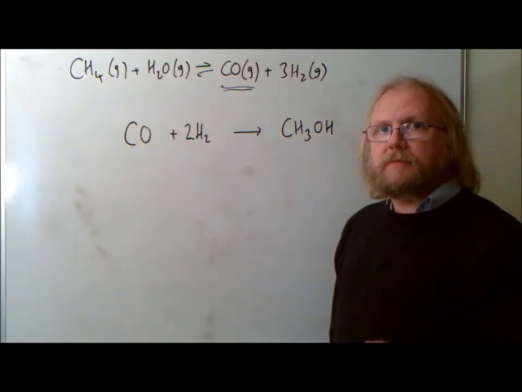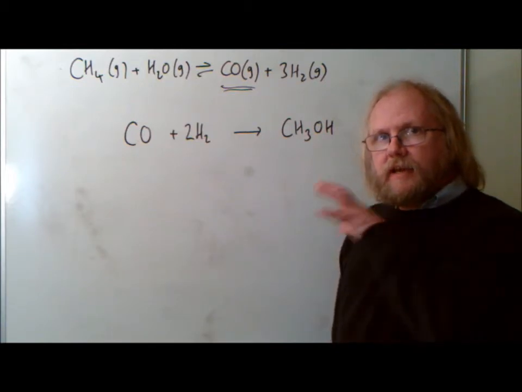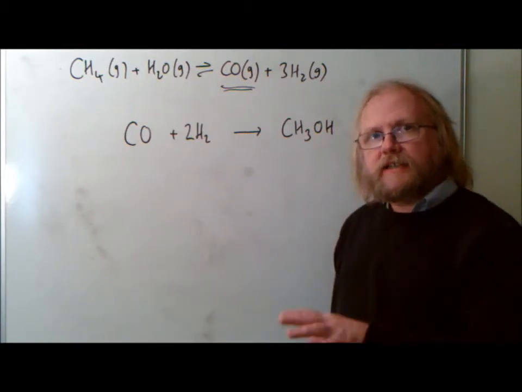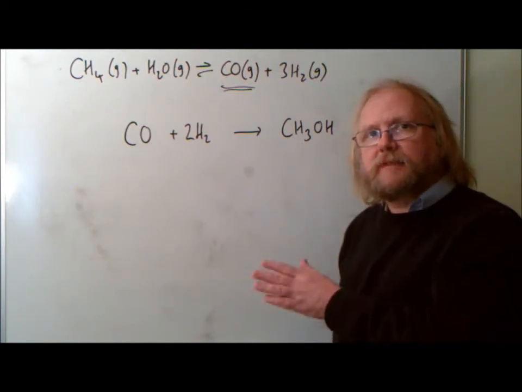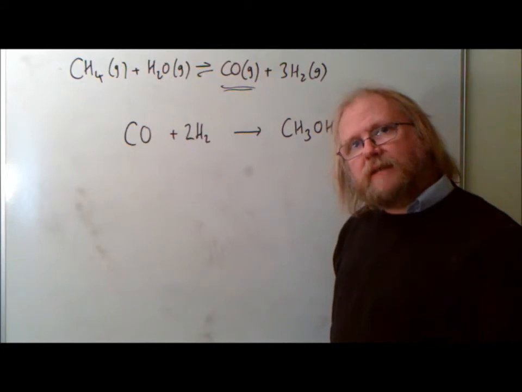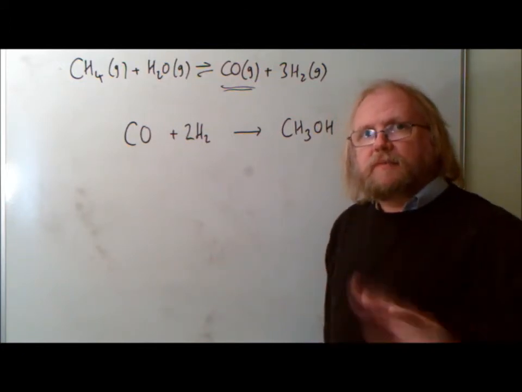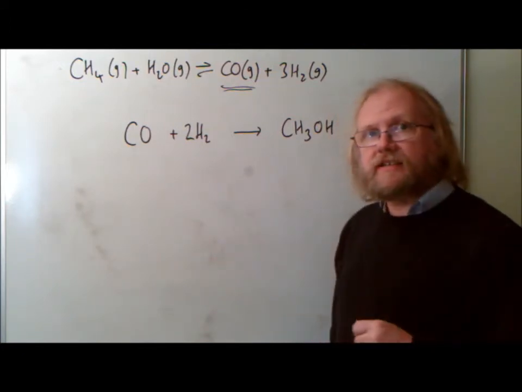The second is that you can talk about atom economy. So remember, atom economy is equal to the Mr of the useful product divided by the total Mr of all of the products times 100. The idea is that you want to maximize that, because by doing that you're maximizing the proportion of the mass of stuff you put into the reaction that ends up being useful.